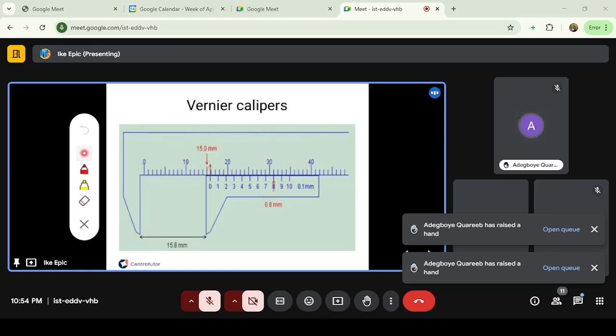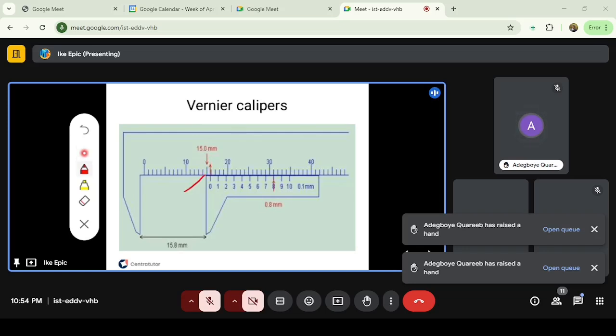Now to get the reading on the vernier scale, there are 2 things you need to do. You check where the 0 mark on the vernier scale starts from, and you check the number that is before it. That is the main scale reading. From our diagram, we have 0 here, and before 0 we had this mark here, which was the last reading.